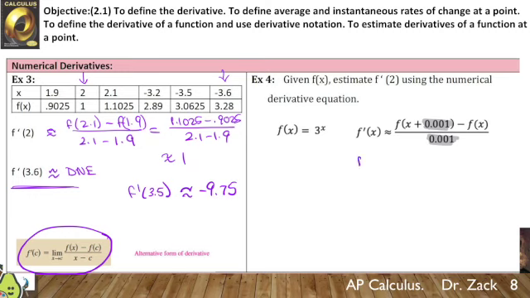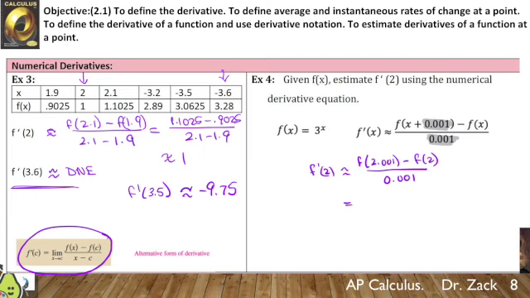So for our substitution, we're going to determine f at 2.001 minus f at 2 divided by your delta x, which is 0.001, and that's going to be approximately equal to the derivative at 2.